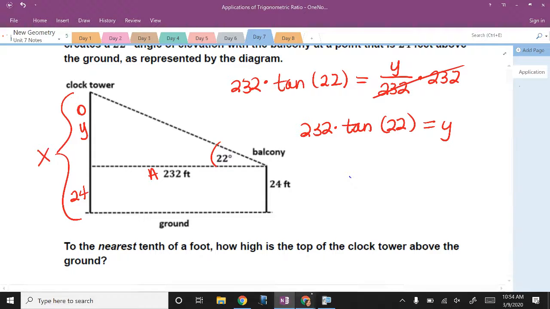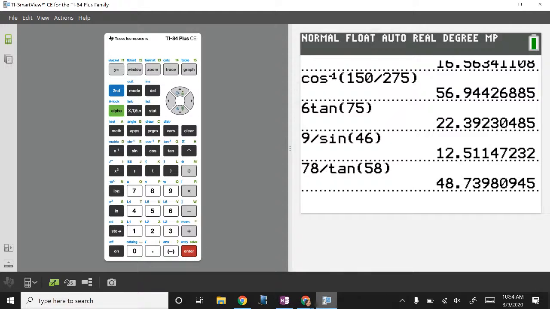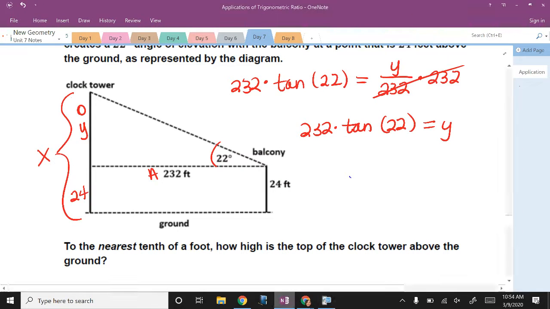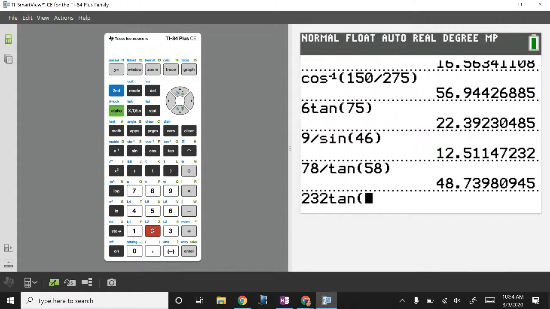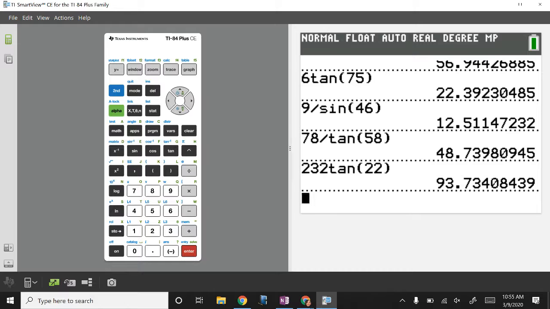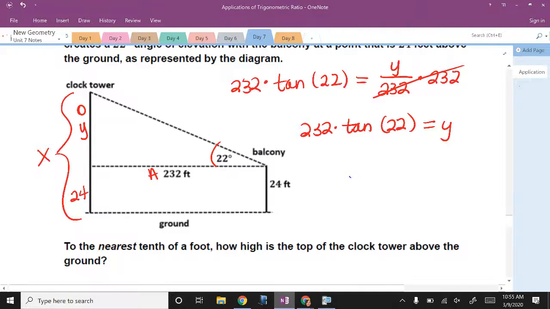Calculator. 232 times tangent of 22. Equals about 93.7 feet for y. So 93.7 here.